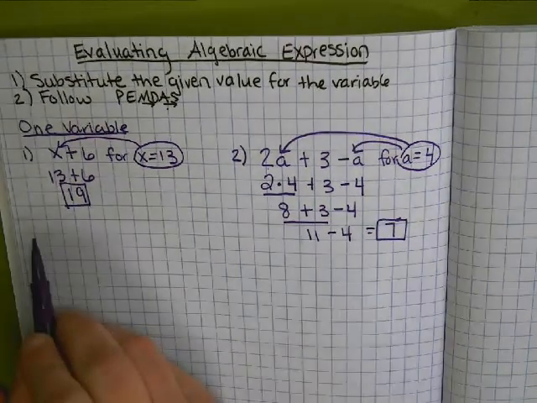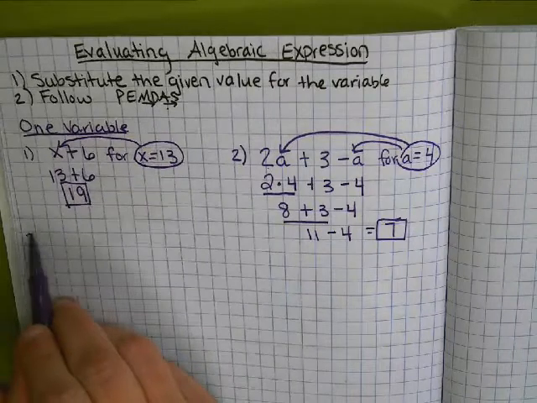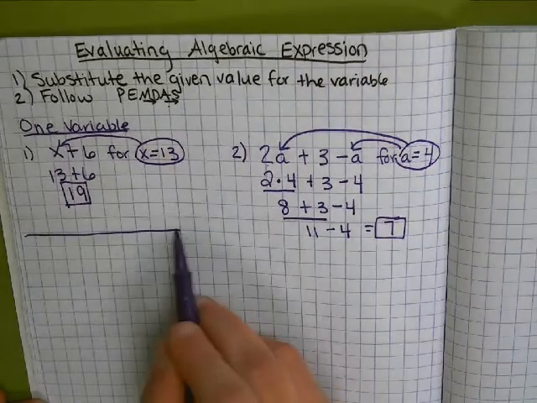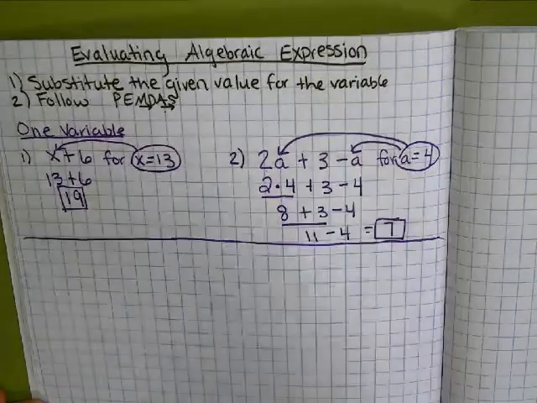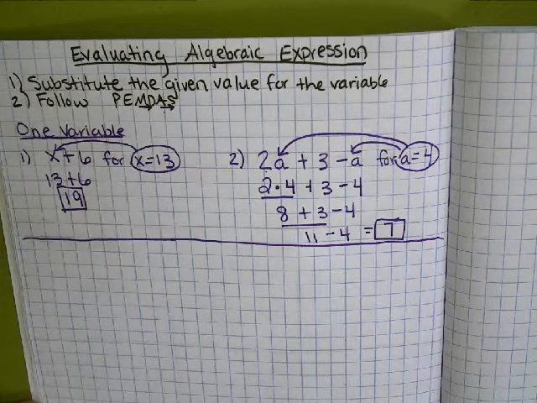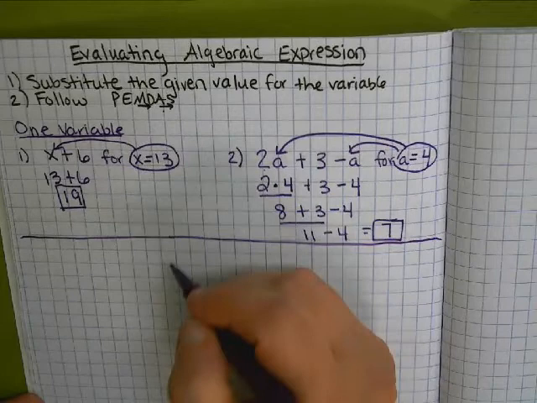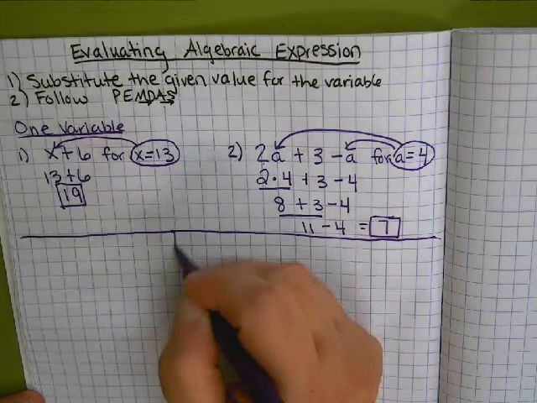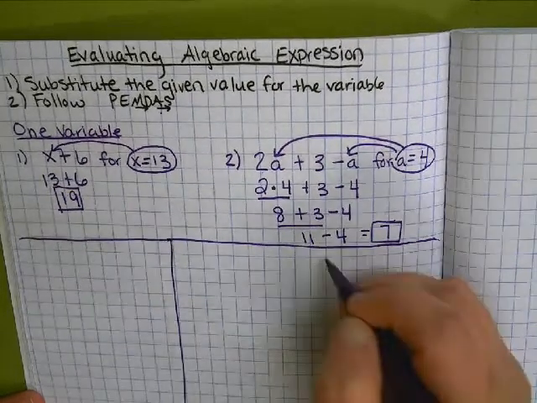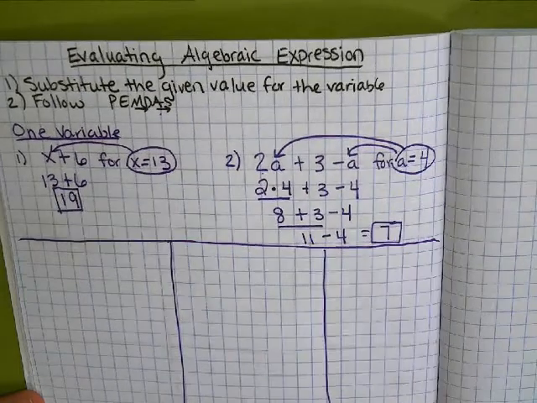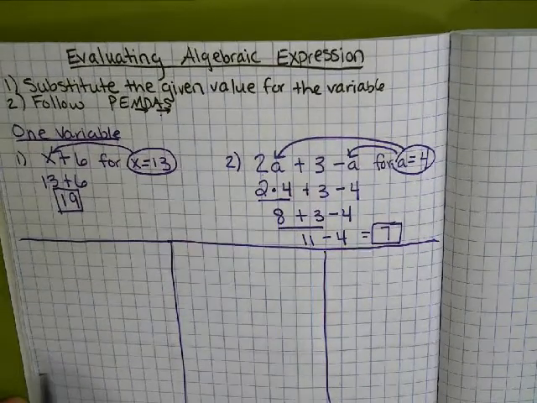Now, I want you to draw a line. And we are going to divide this into 6 boxes. So 2 lines down and 1 across the middle.